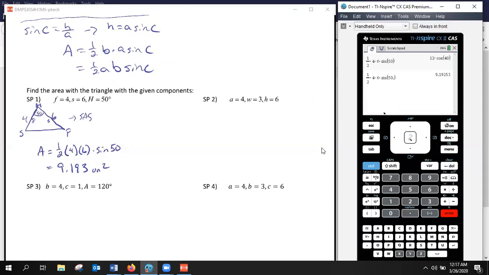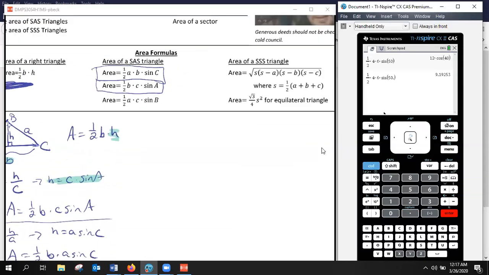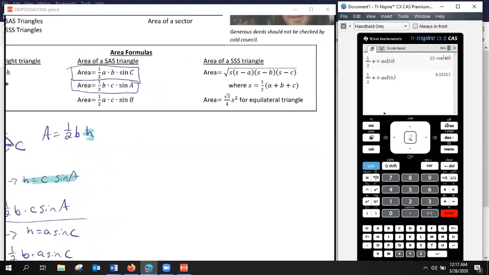In order for us to do problem number 2, we have to talk about the area of a side-side-side triangle. Now, the proof for the area of a side-side-side triangle is not quite as straightforward. If we were in our typical classroom, I would actually walk through it.